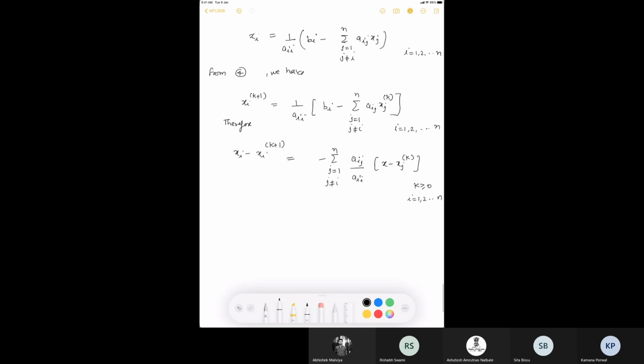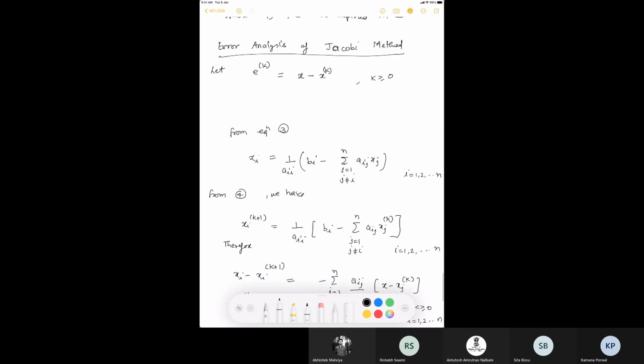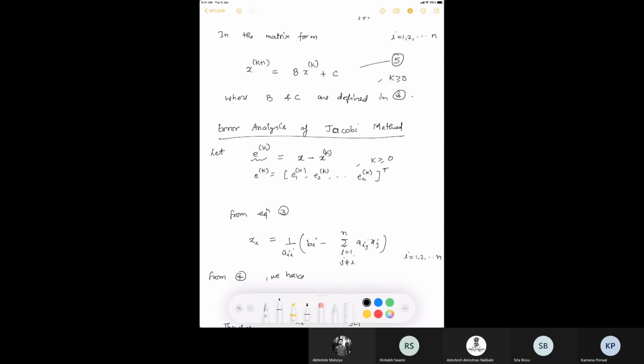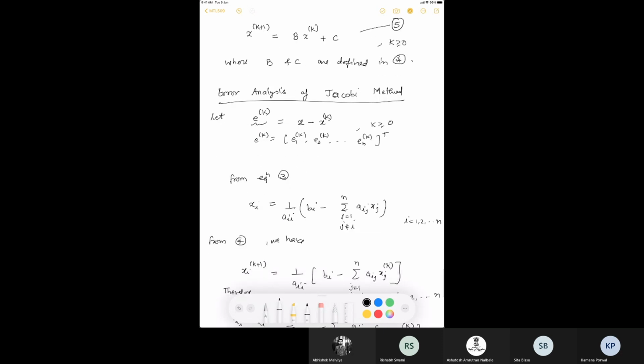Okay, so here I'm denoting it by ek, right? If you observe, this is also a vector. x is a vector, xk is a vector, so ek is also going to be a vector. So let me denote the components of this vector as e1, e2 up to en. That is, e1 is going to be x1 minus x1k, right? e2k is going to be x2 minus the second component of the kth iterate, like that.